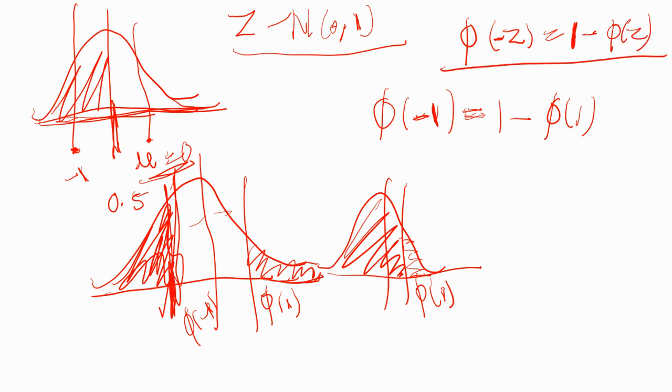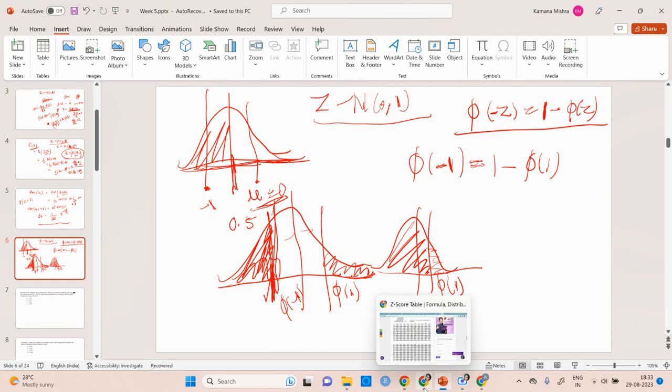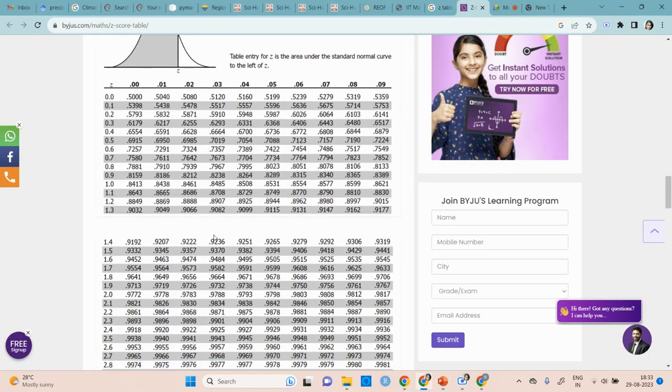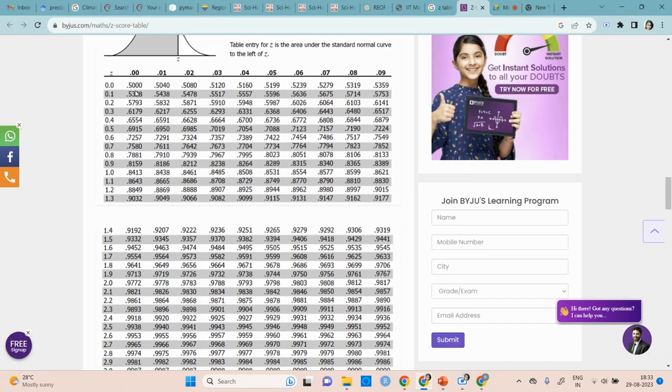We will use this several times because it is not always the case that you will have the table for positive values. It may also happen that you have the table for negative 1 and not for the positive 1, then you may deal with this. What's the second thing? It may happen that you have the table starting from 0.5, so when it is 0 it is 0.5.